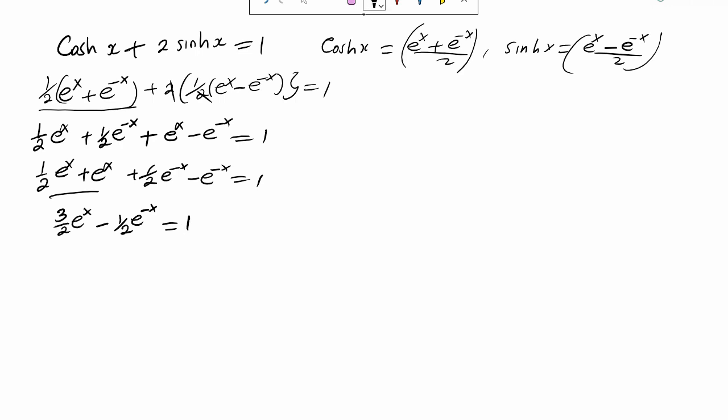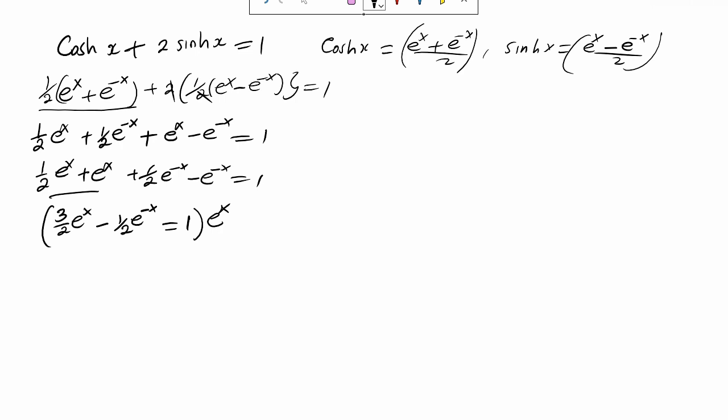Alright, to proceed from here, we are going to multiply everything by e raised to x, so as to come up with a quadratic equation.